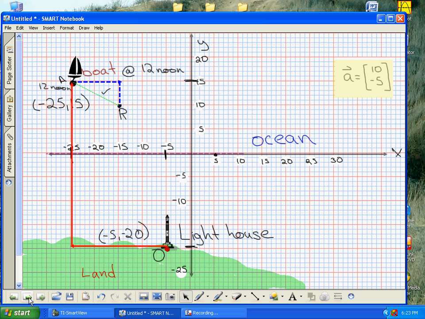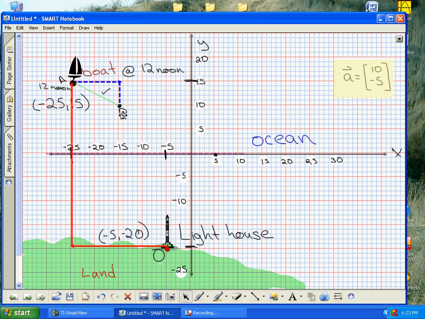Now, if you look at the original diagram, here's the lighthouse, and here is O, here is A, here is R. Our position, according to this grid, is negative 5, negative 20. According to this grid, the position of the boat is negative 25, 5.